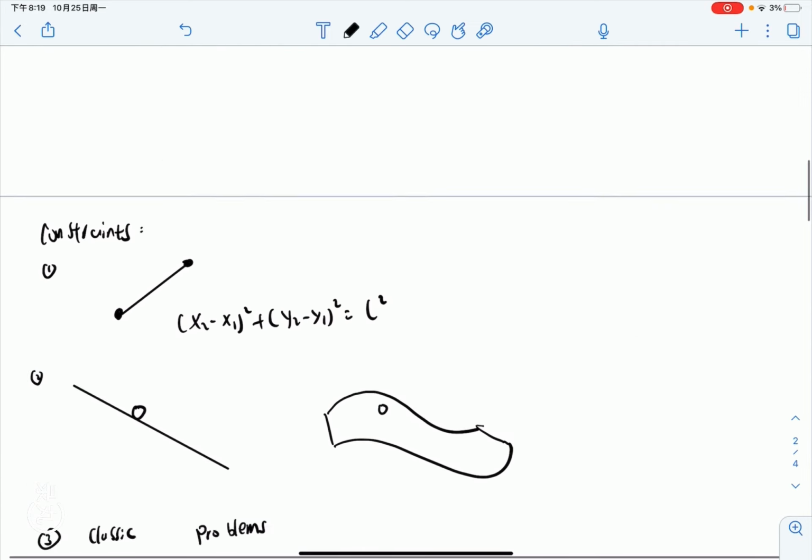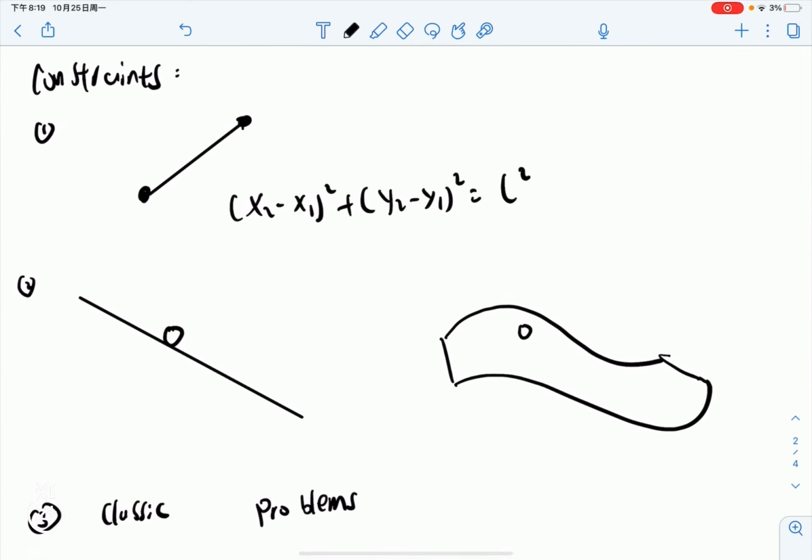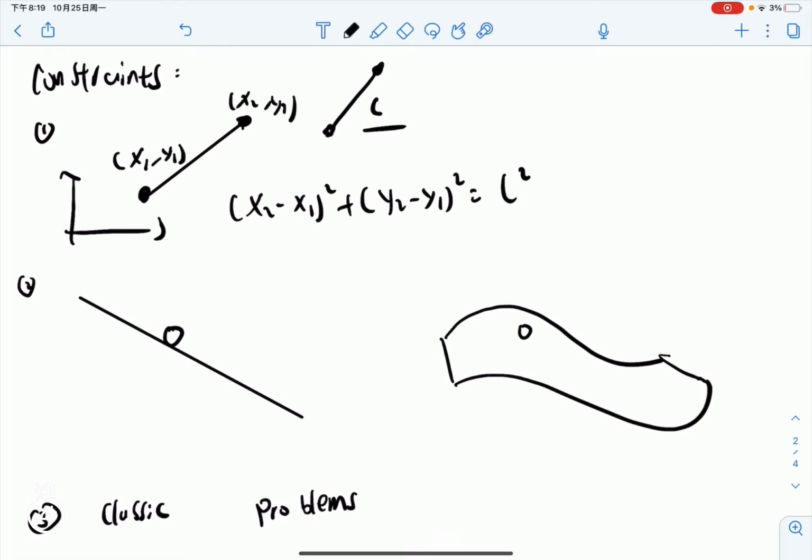We're moving on. Okay, moving on to constraints. So for the constraint of 2 points, basically it's a rod over here with length L. If you set up the coordinate system as this one's x1, y1, and x2, y2, the length is going to be this using the Pythagorean theorem.